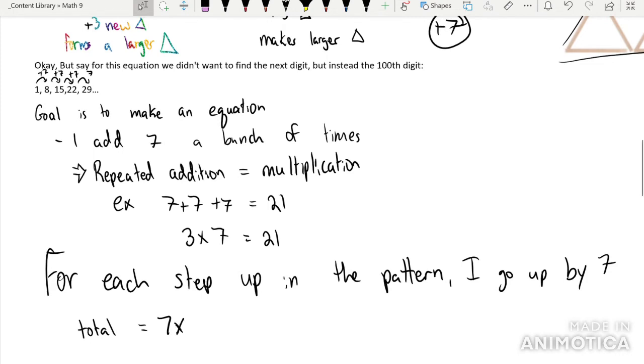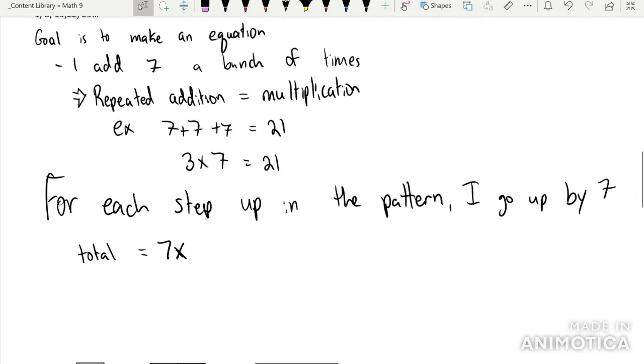or 7x. So if x is equal to 1, my total, which I'll call t, would be equal to 7 times 1, which would give me 7. If x was equal to 10, I would get t is equal to 7 times 10, so this would give me 70.